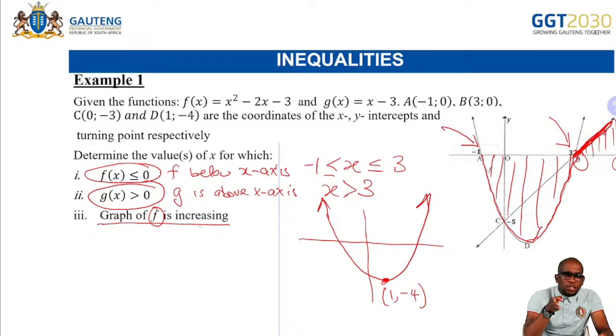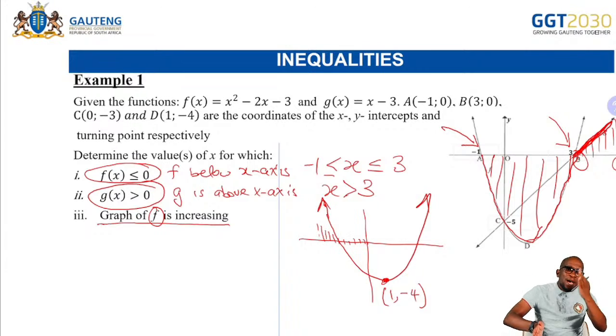I just explained to you that the graph increases in a region where, when the x values increase, the y values also increase. Now if you read this graph from left to right, what happens as x increases here, what is happening to y? X is increasing as you go this way.